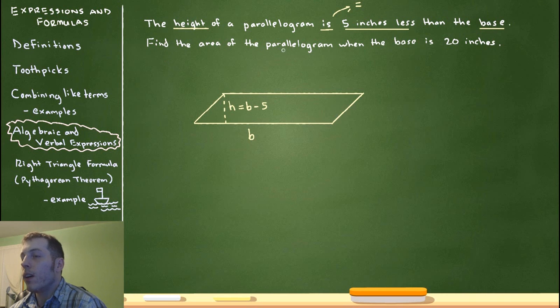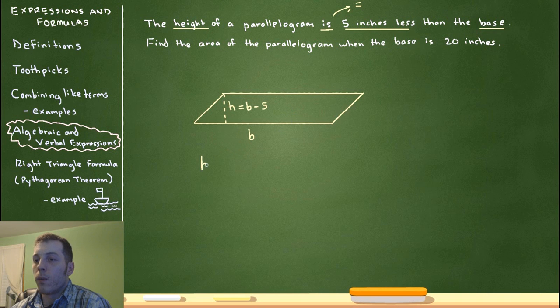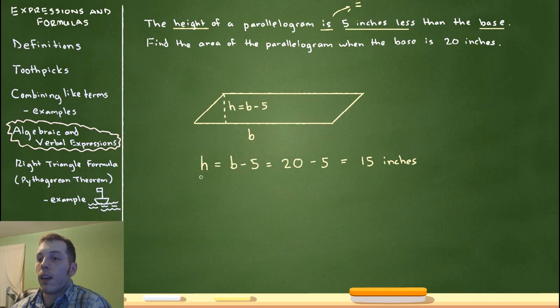Now we want to find the area of the parallelogram when the base is 20 inches. First of all, what is the height? We know h is b minus 5, and we know b is 20, so that would make the height 15 inches. And the base, they tell us, is 20 inches. We don't need to do any work for that.